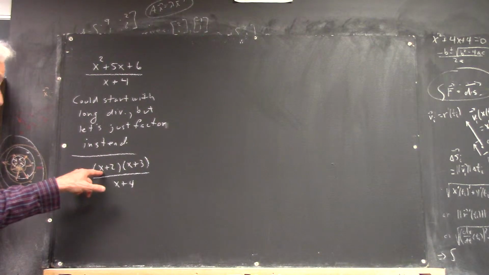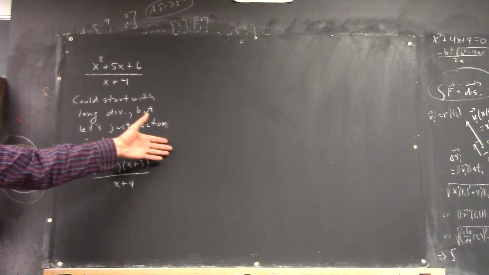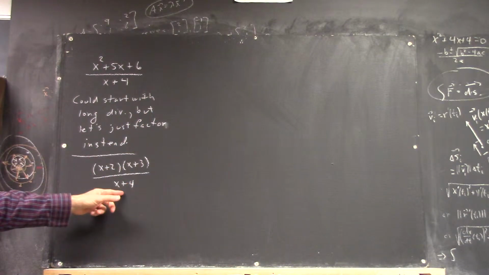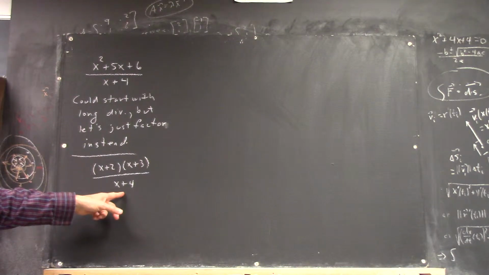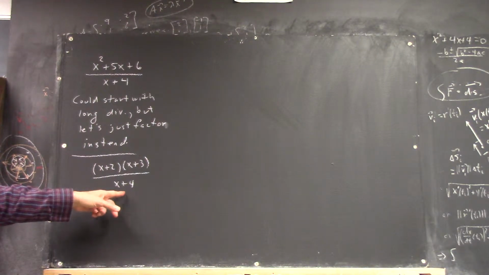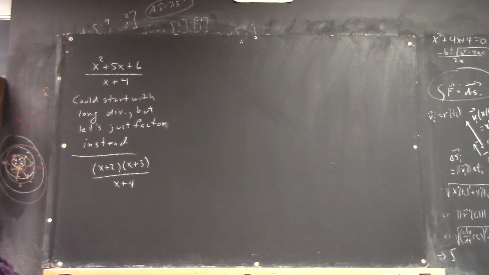Okay, -2 gives us a 0 here, and that multiplies the rest of the numerator, so the numerator is 0. Now we do have to be a little careful. If x is -2, is the denominator also equal to 0? No, it's 2. Okay? So the numerator is 0, the denominator isn't, so there's a 0 there, right?